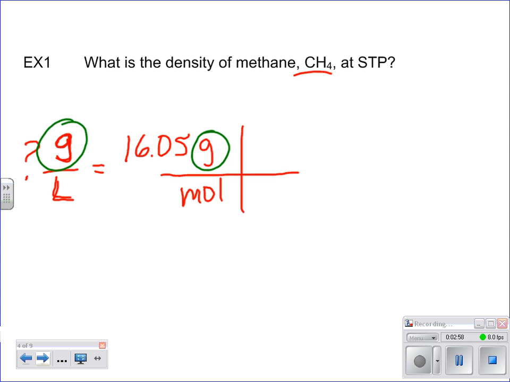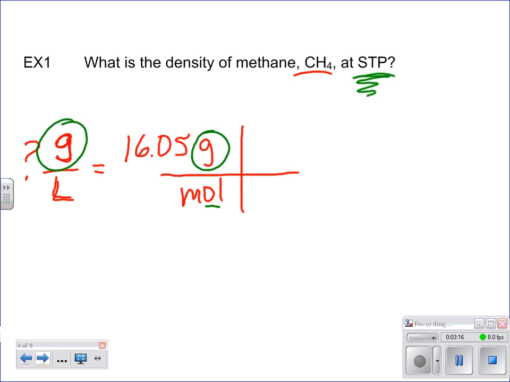I've got my grams in the numerator already, so all I have to worry about is getting moles out of the denominator and making that change into liters. Can we do that? Of course we can, because it's a STP, so that's easy. Always take the simple route if you can.